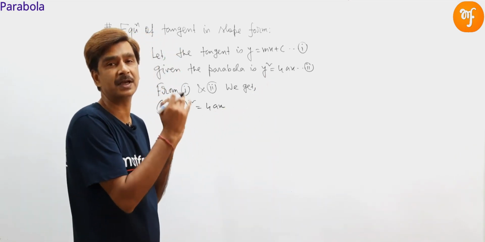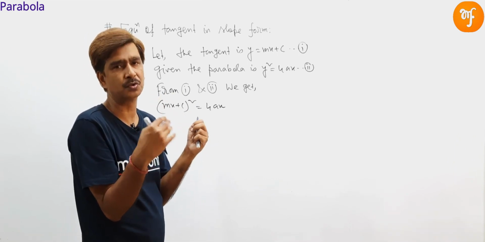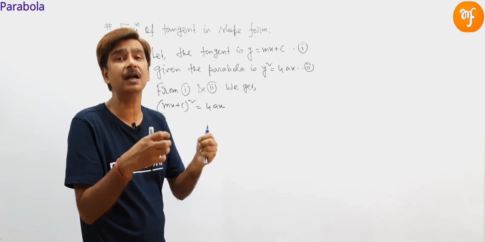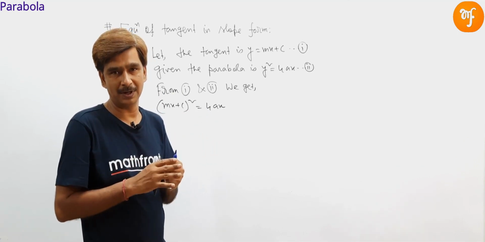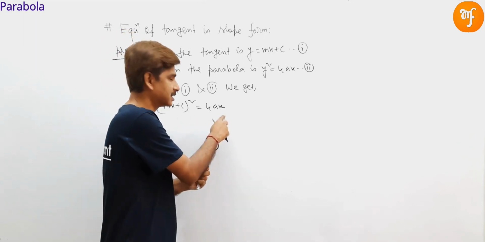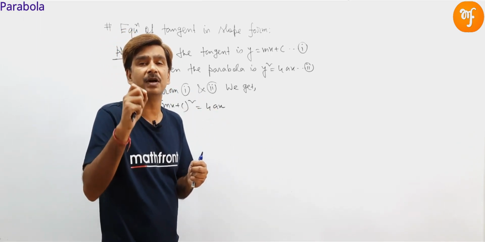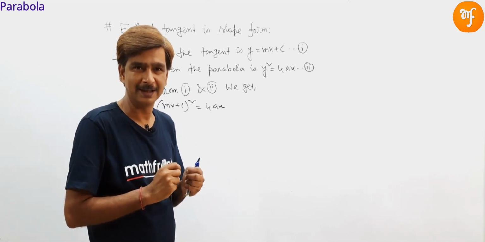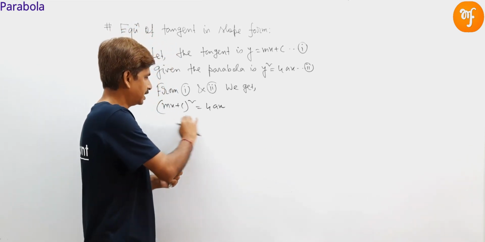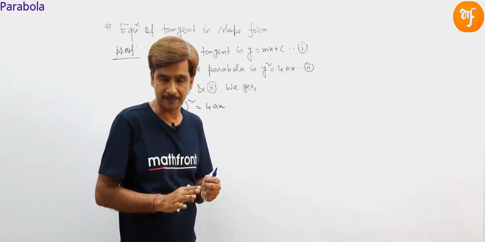How many values of x will we get? We will get two values of x as it is a quadratic equation, so two roots, but these two roots are real and equal. Why are these real and equal? Because the value of x, that is the root of this equation, will be the x coordinate of the point of contact. That is, this quadratic equation has only one root, you can say also.